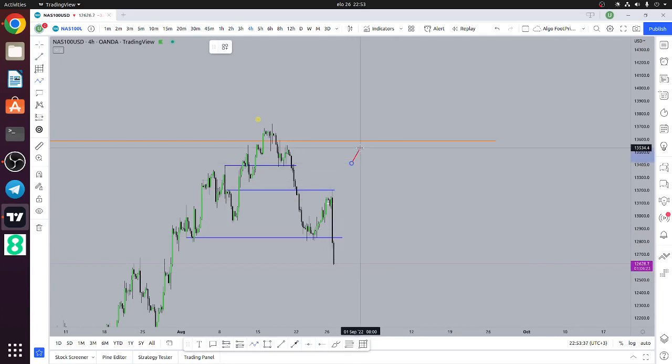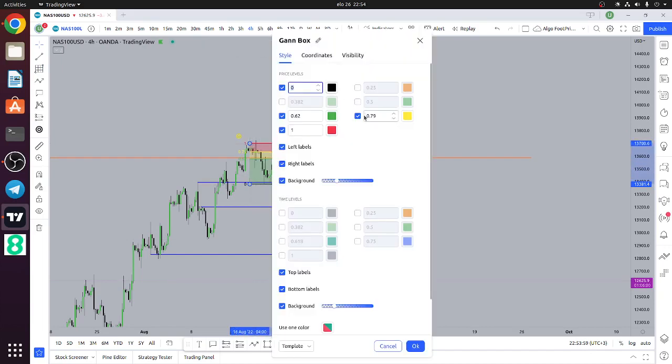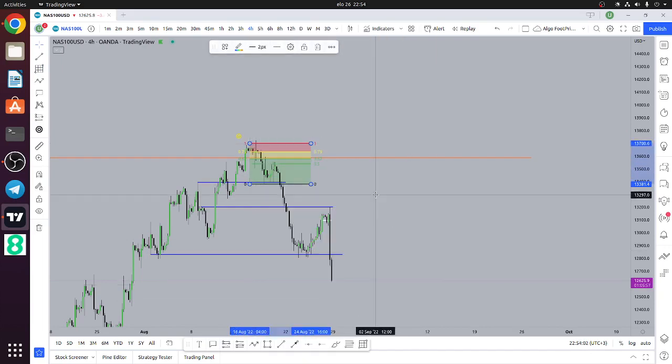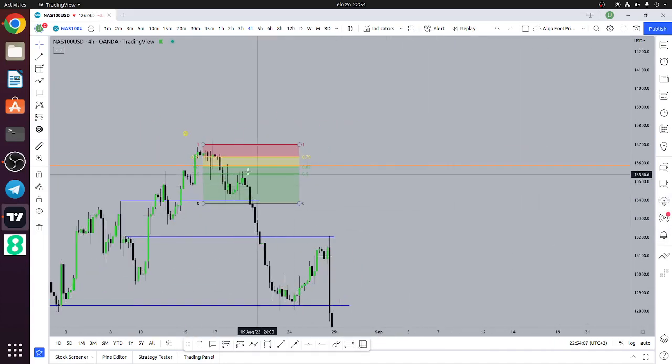We take out liquidity, we break this low, price goes back in, and we fall down. And then if I put my fib, let me use 50%. If I zoom in, you'll see that price came into 50% retracement level, of which I don't recommend.